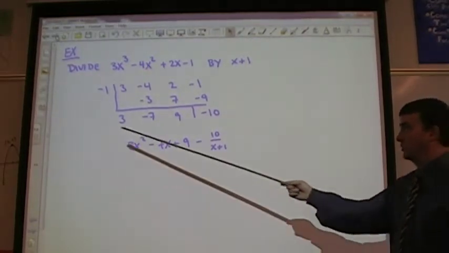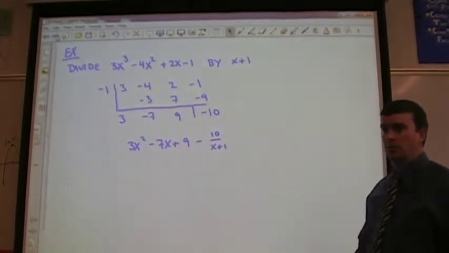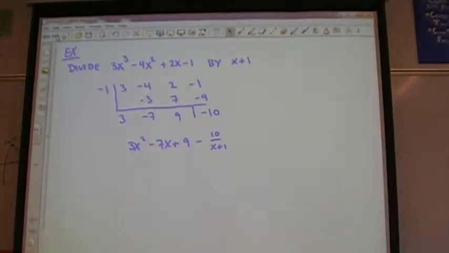If you started with x cubed, this would be x squared, x, constant. Because you're working your way down in standard form of a polynomial. So standard form of a polynomial is x squared, x, then constant, then a remainder. But it doesn't have to start with x squared. It can start at any degree.